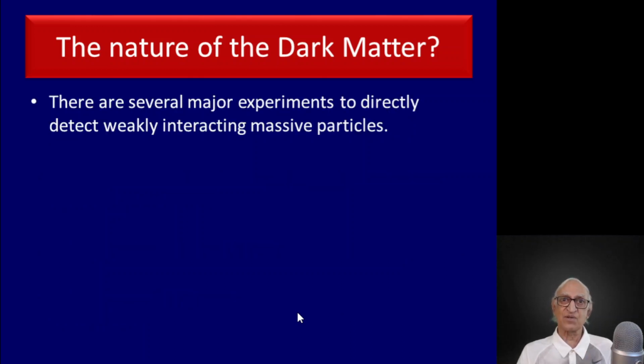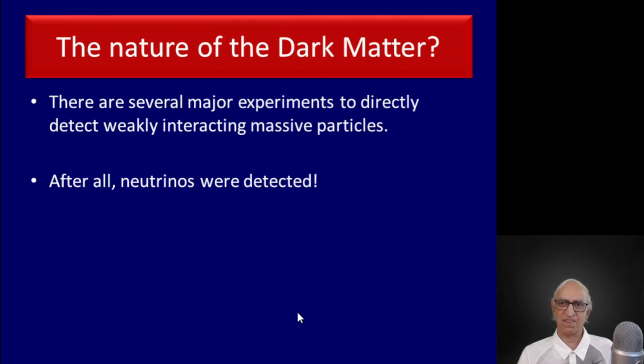The important thing to appreciate is that there are several major experiments costing billions of dollars, very large experiments, to directly detect these weakly interacting massive particles. Now you may say, it's going to be very difficult because they interact very, very weakly. Yes, that's true, but after all, the neutrino was detected.